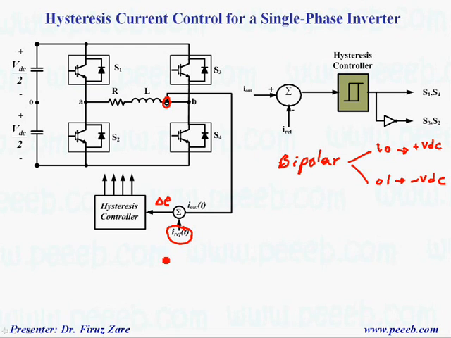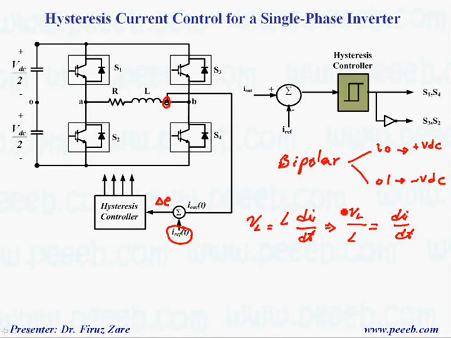And if you look at the current through the load, suppose that the resistance is pretty small, then the voltage across the inductor is L di/dt, or the voltage divided by the inductance value is di/dt.